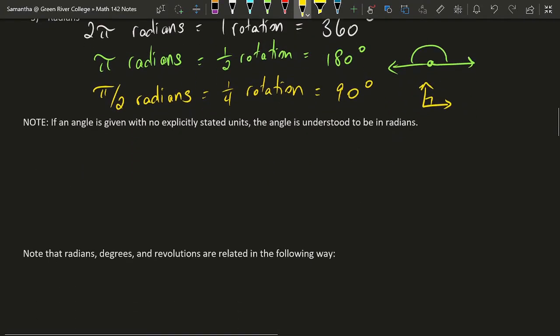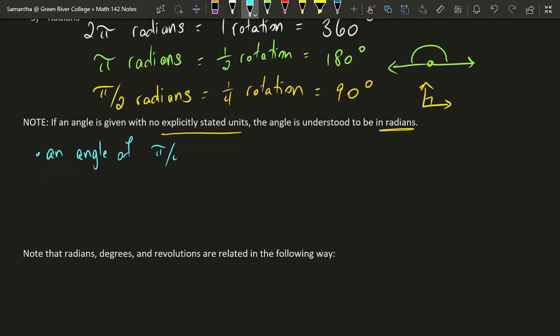Now be warned, if you ever see an angle that doesn't have its units explicitly stated, that angle is always understood to be given in units of radians. So for example, if someone says an angle of pi divided by 4, then we need to understand that because pi over 4 doesn't have any explicitly stated units next to it, this is going to be pi over 4 radians.